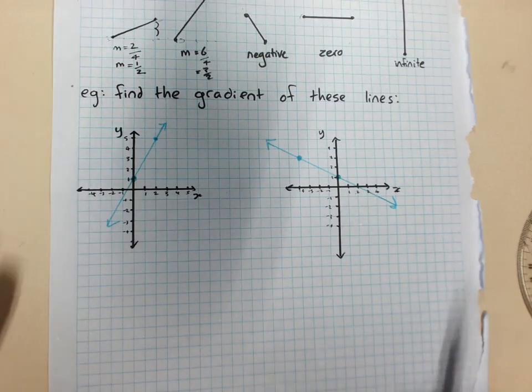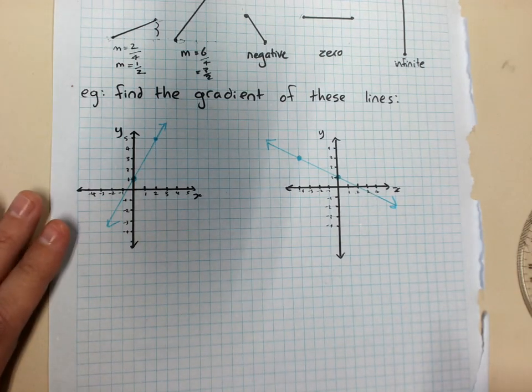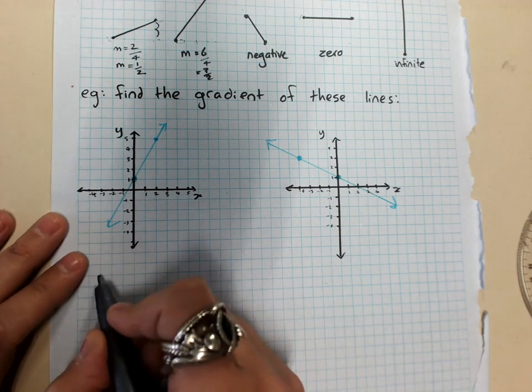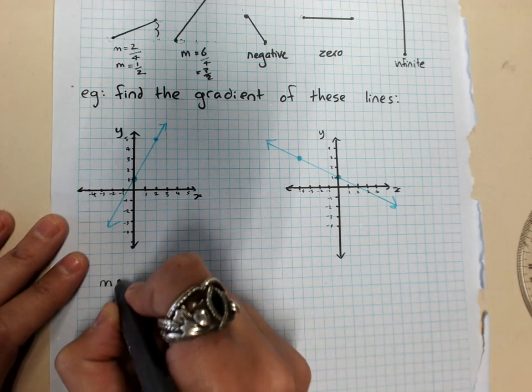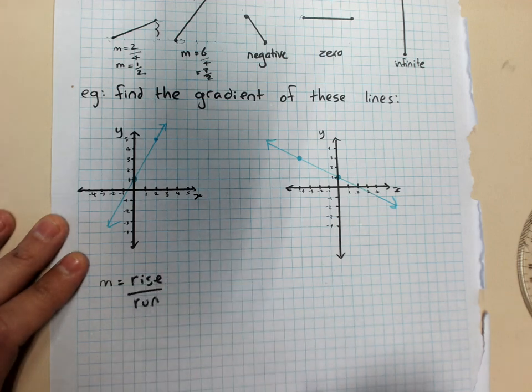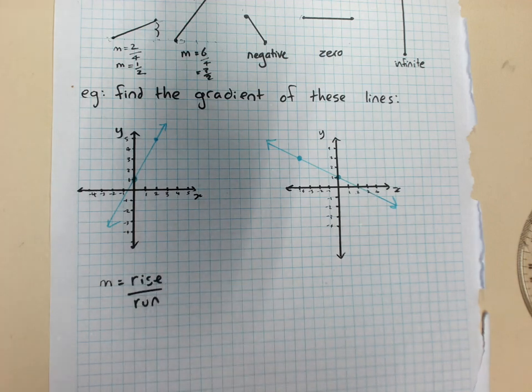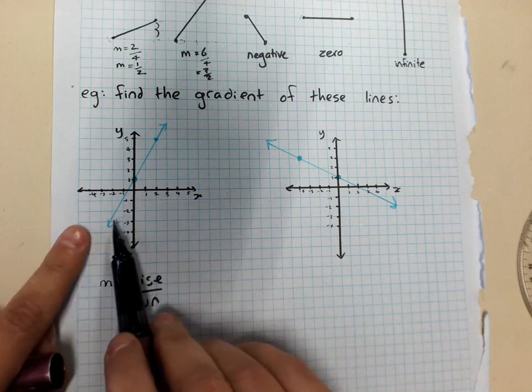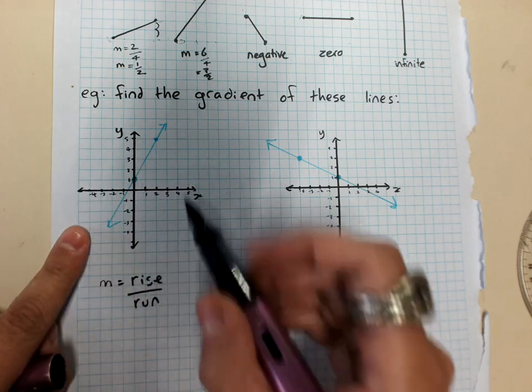So if they ask us to find the gradient of a line, the easiest way is from a graph. And we remember that gradient, m, is rise over run. From the graph, we work out how far the graph went up for how far it went across. So this is a positive gradient, it's sloping up.